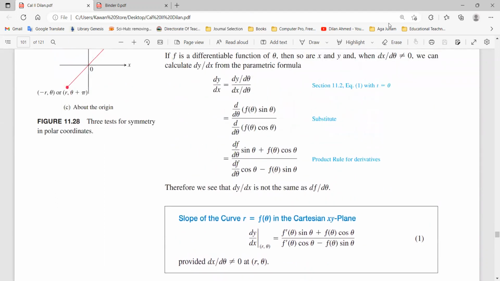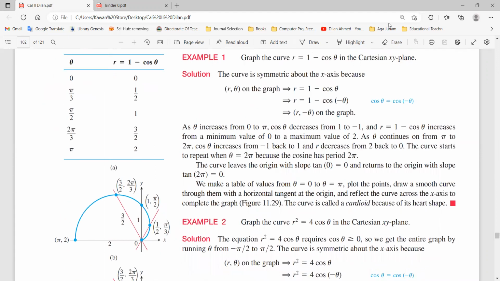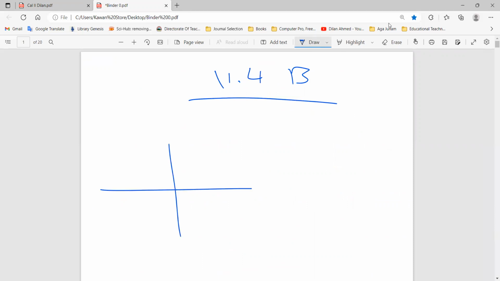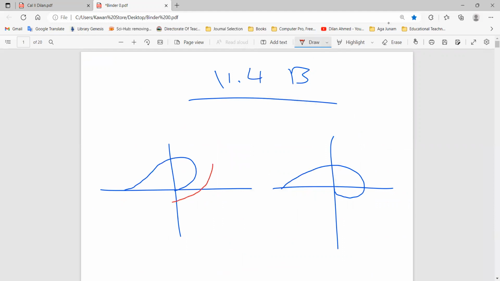As well, we mentioned the derivative for polar. And I remember we sketched the first graph here. We put the points one by one and discussed how to sketch it, because this graph is not equal to that graph. Why? Because when I sketched it, it was like that here, but that one was like that.